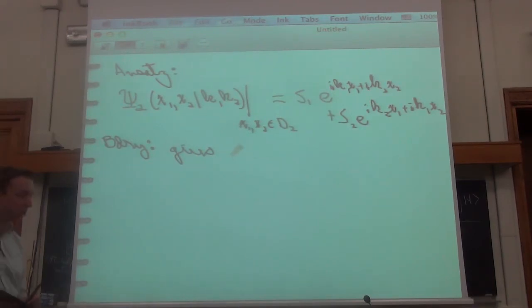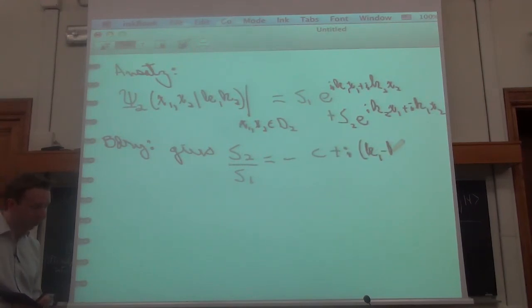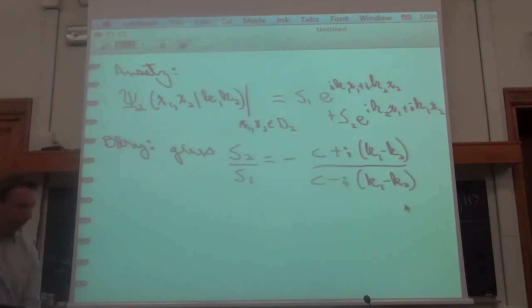It just gives you a condition that S2 divided by S1 is equal to the following: minus C plus i(K1 minus K2) divided by C minus i(K1 minus K2). Okay?